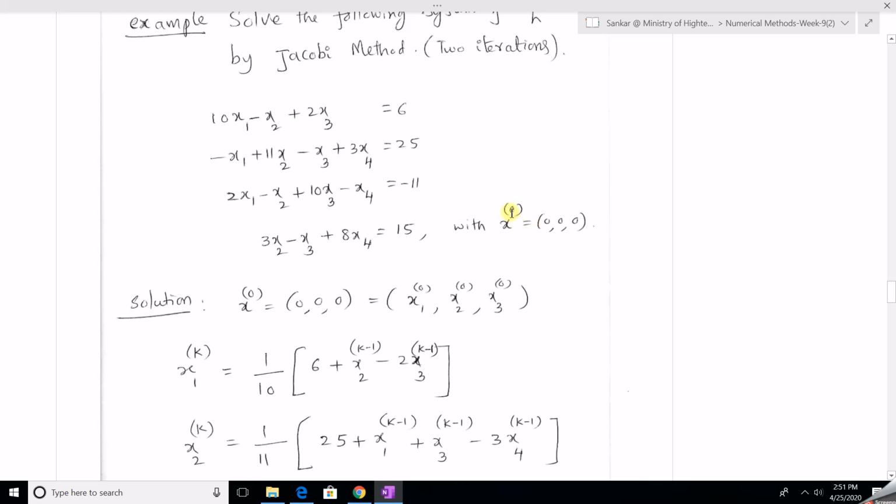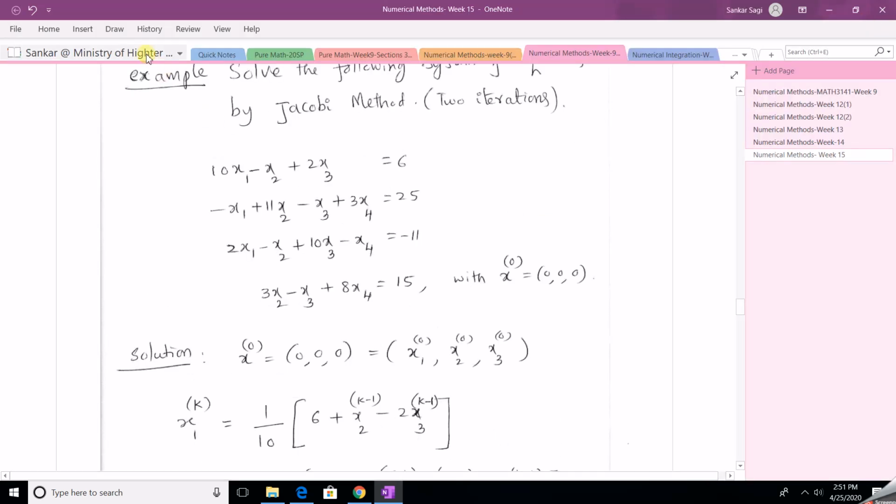The initial approximations of x1, x2, x3 are given as 0, 0, 0. There are only 3 zeros written here, but you must take 4 zeros.